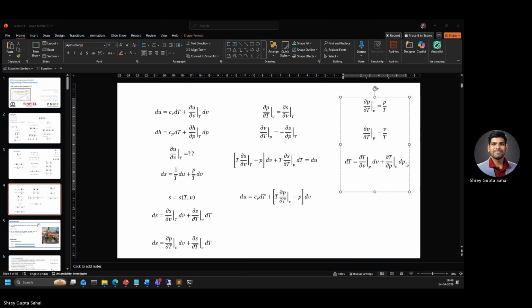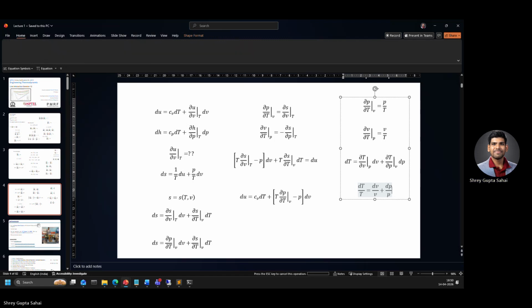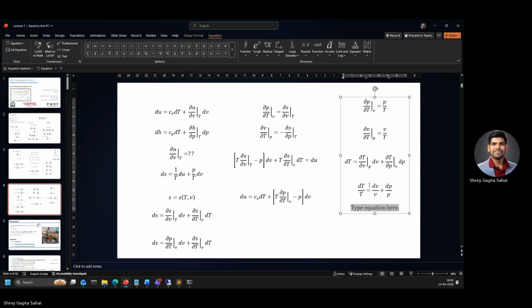You will get dT by T is dV by V plus dP by T. You will also get that dT by T will be T dV by dV. This is the thing.